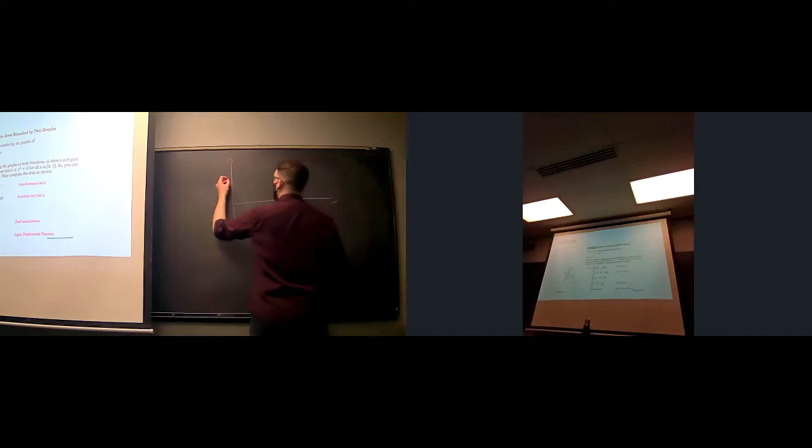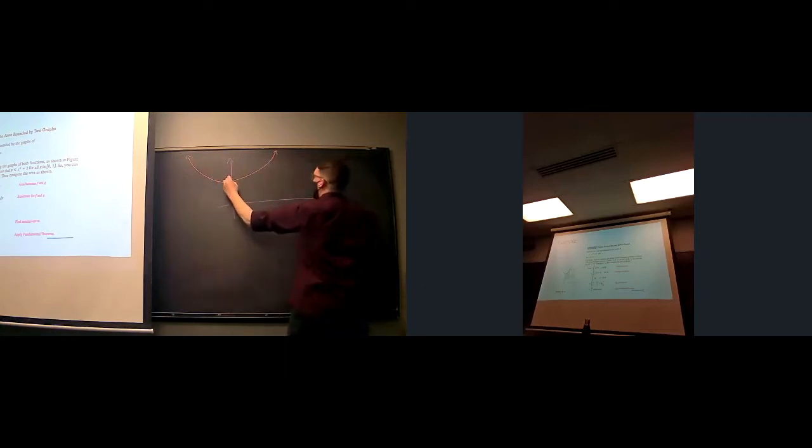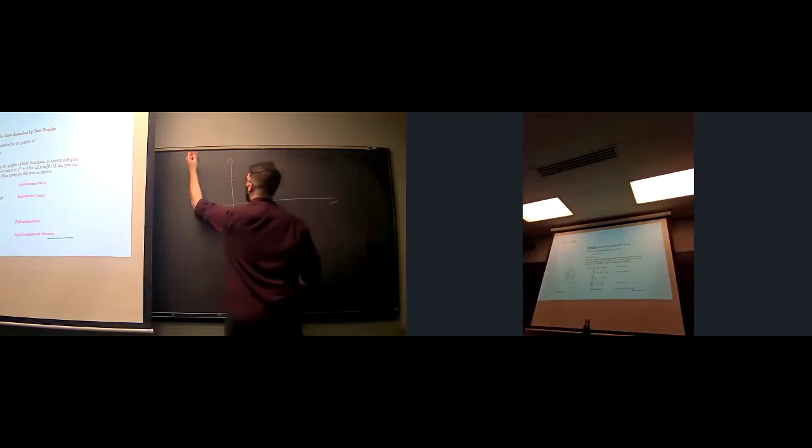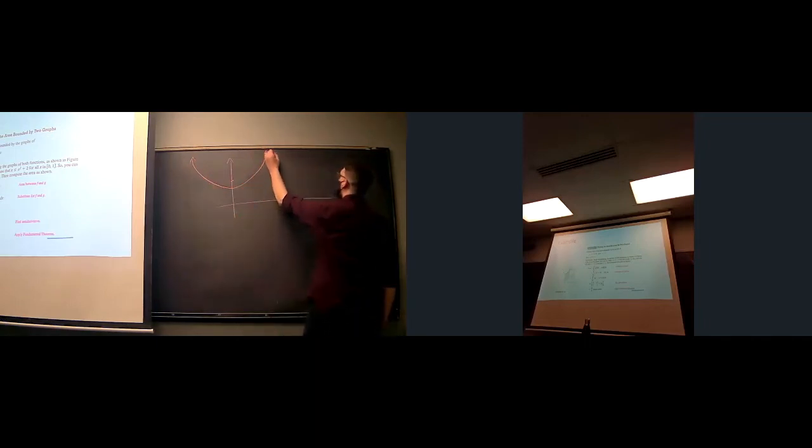So x squared plus 2, it's going to look something like this, except more symmetric, less cattywampus. Okay, so this is x squared plus 2 is equal to y.